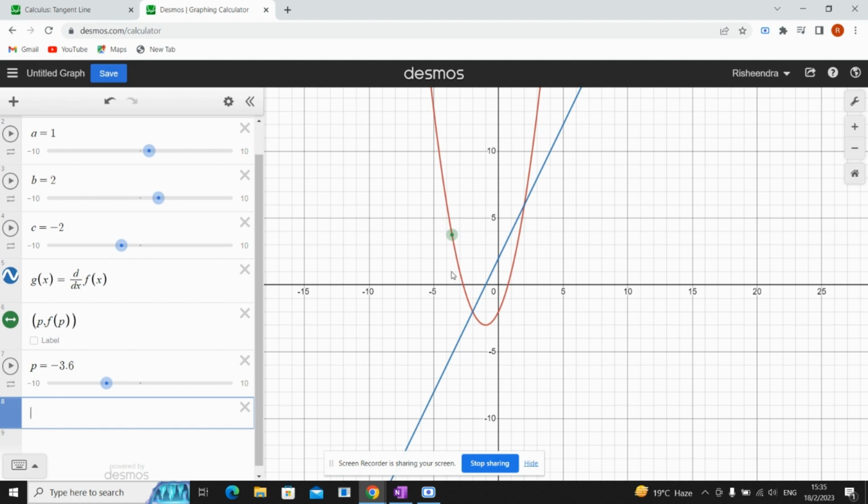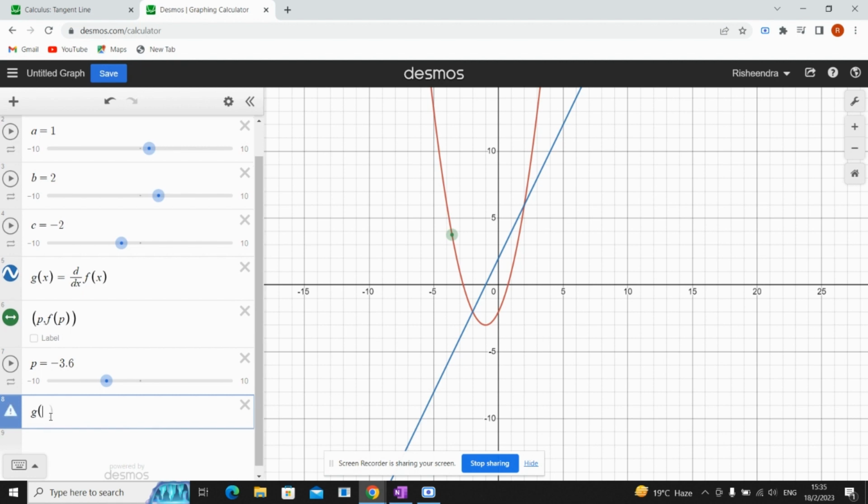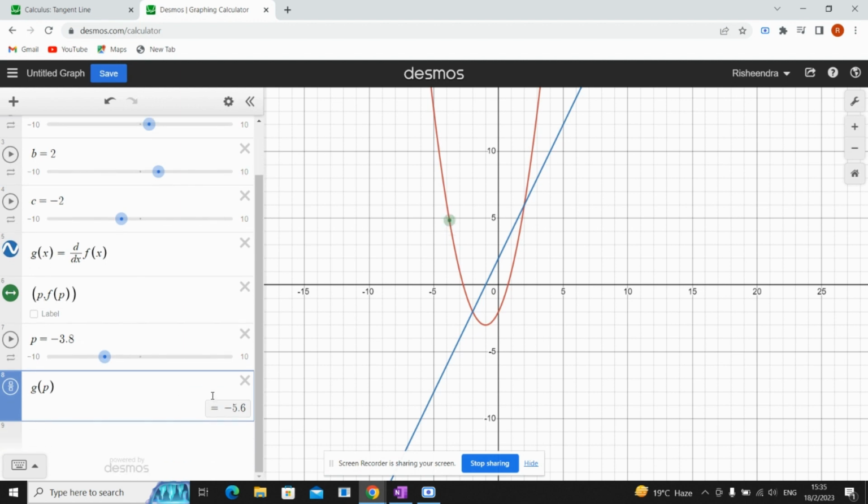To find the slope at the point p, let's see, g of p will be the slope because g is the differentiated equation. g of p is the slope of the given tangent at a particular point. What is the slope of this line? -5.6. Here you can see the slope value is being changed, and I want a tangent.